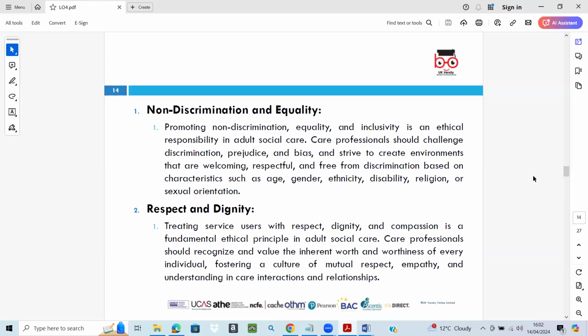It's about seeing beyond a person's condition or circumstances and focusing on valuing their humanity. It fosters a culture of mutual respect, empathy, and understanding, which are crucial for effective care delivery. It also greatly enhances the service user's quality of life, as feeling respected can positively impact their mental and emotional well-being.